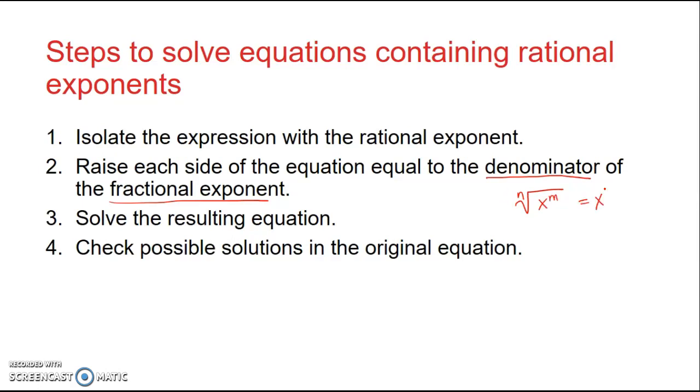This is really x to the m divided by n. Well, the denominator is really our root of the radical, so just like it was with the radical equations. Then we're going to solve the resulting equation, and again, we have to check our solutions.